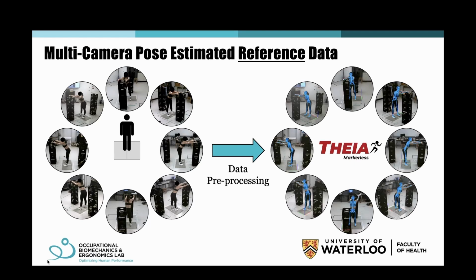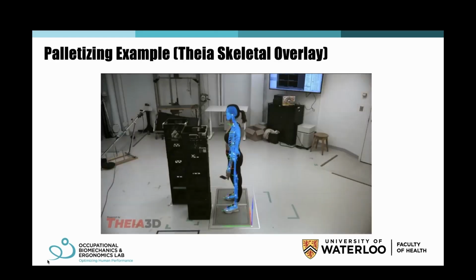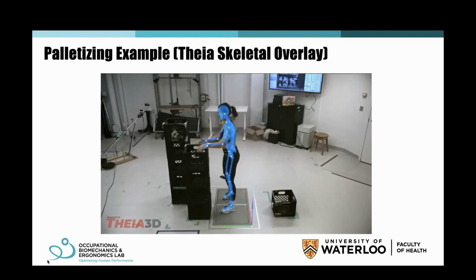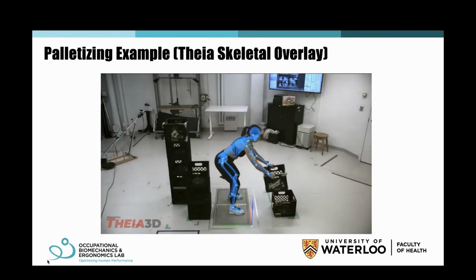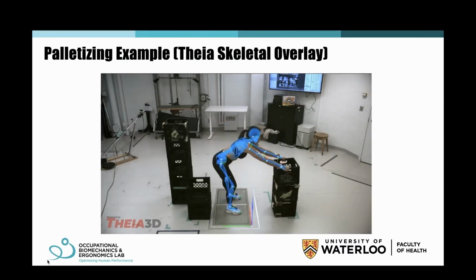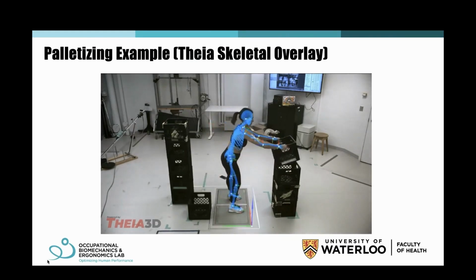I'm going to quickly show a video here of what it looks like during the palletizing task. This is an example of the 3D pose estimated skeleton that is put on top of the participant doing the work. This is the palletizing task, from one of the camera views on the left side of the participant.